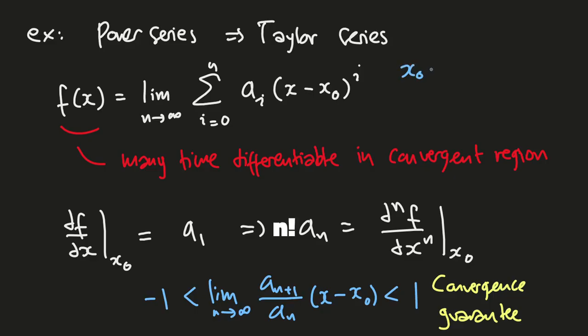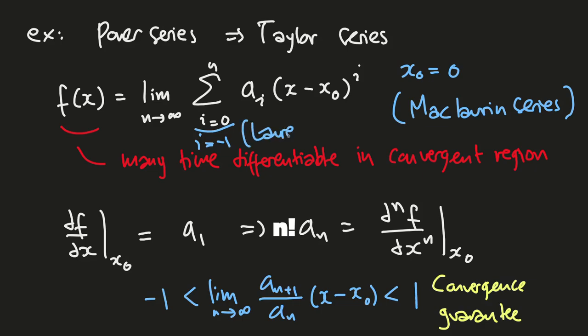Fun fact: if you take x0 equal to 0, then this series will be a Maclaurin series. And if we take the first term as a negative index, for example minus 1 and it can be minus infinity, then this series will be a Laurent series.